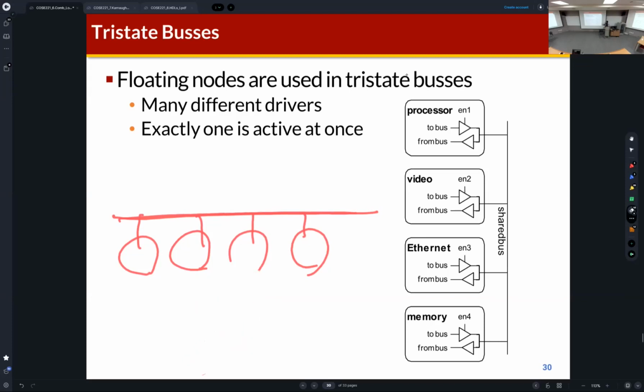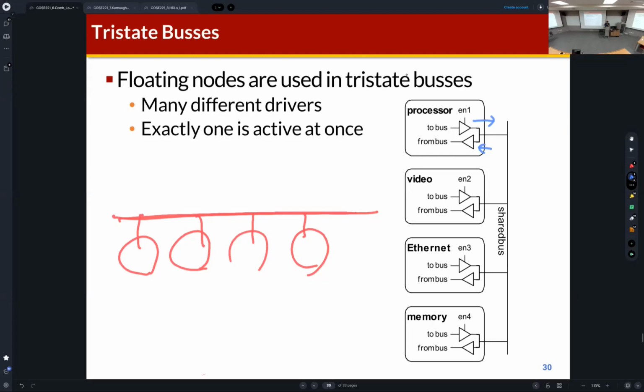So how? We can connect the different components using a tri-state buffer like this. This is the driver part, and this is the receiver part. As you can see, the driver is connected to this shared bus through a tri-state buffer.